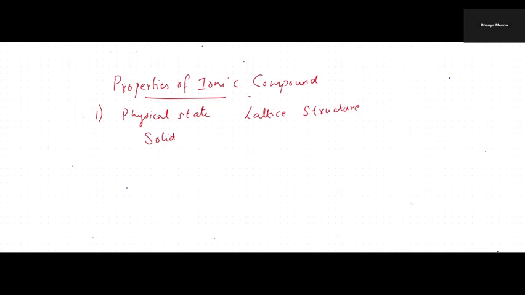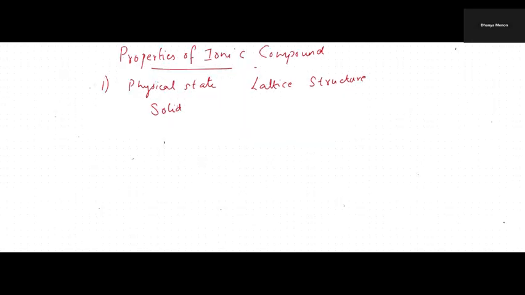More about lattice and lattice energy we will discuss in the next video. So ionic compounds are solids at room temperature, and they have a three-dimensional lattice structure.